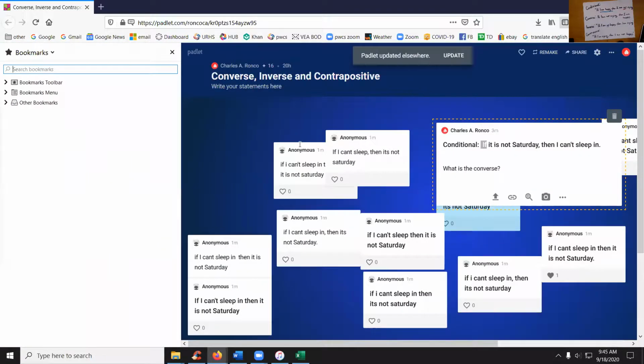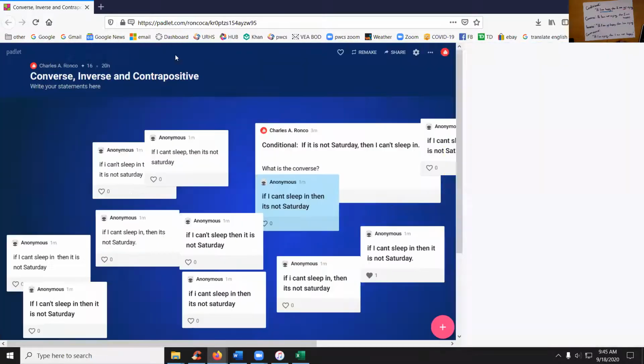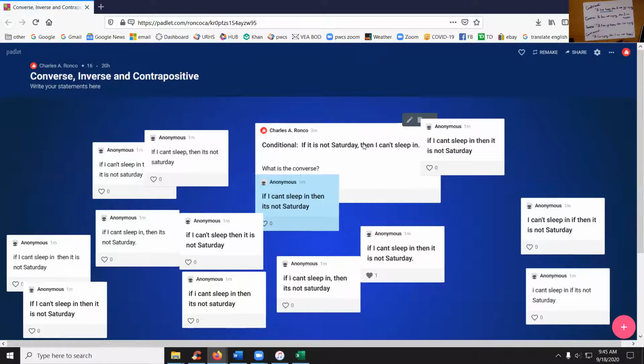You need to keep the if and the then in the same places. What these two students did was they kept the if with the Saturday part. And you see, that's not the converse. The converse, inverse, contrapositive, all of them, the if goes in the front, always.